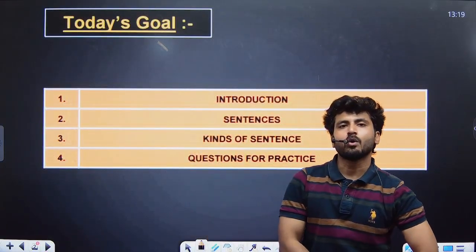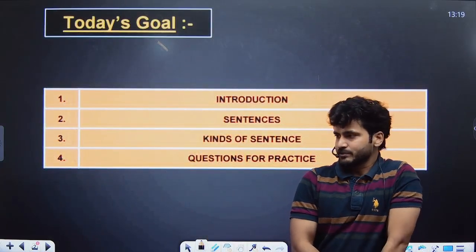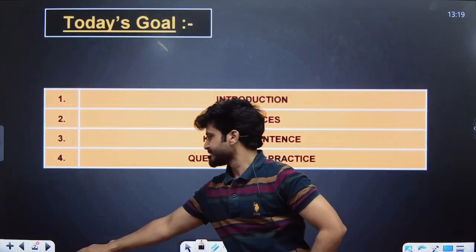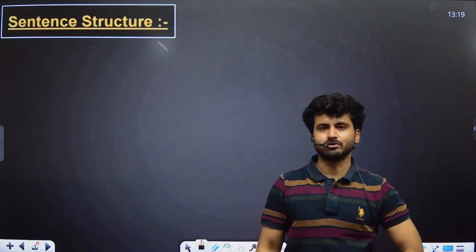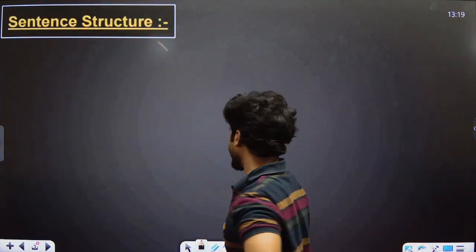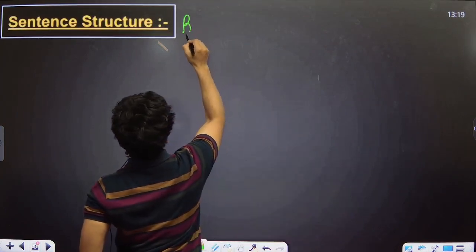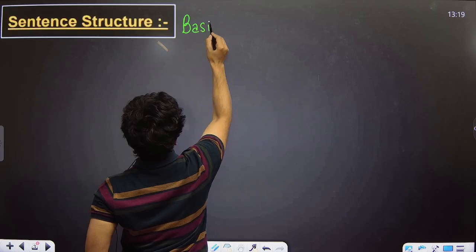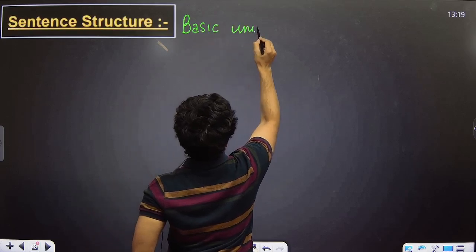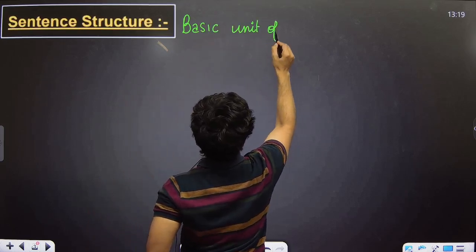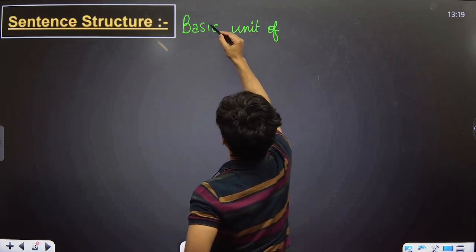Do you know what is the basic unit of any language? It is sound. Okay, the basic unit of any language is sound. And do you have any idea how many sounds we have in the English language?